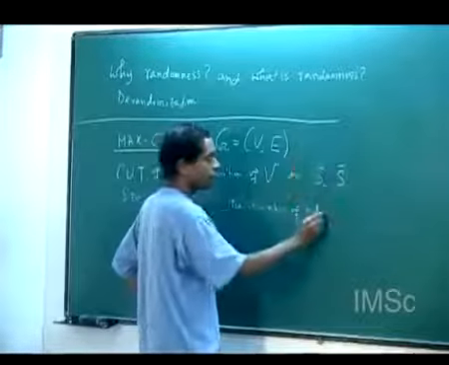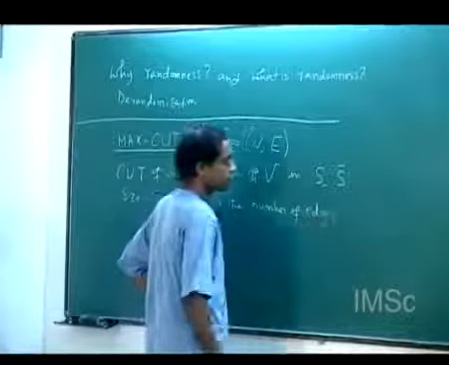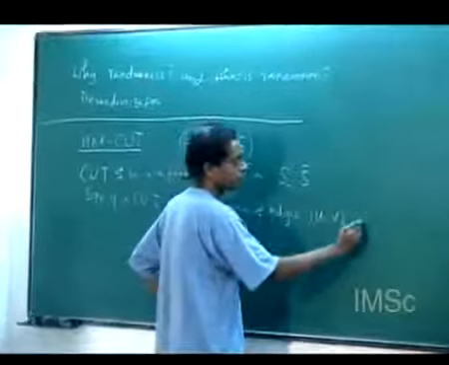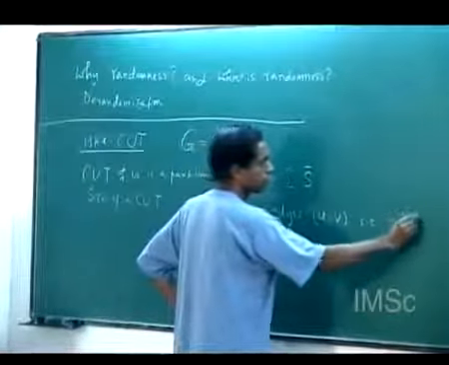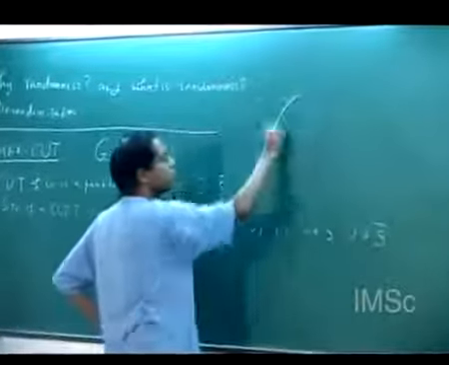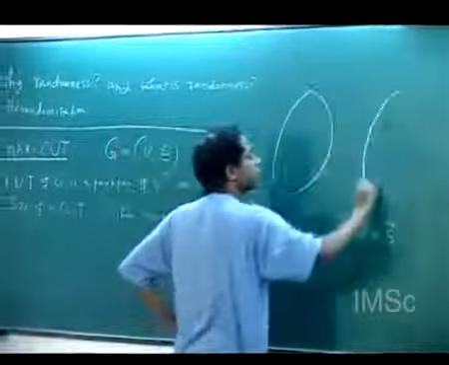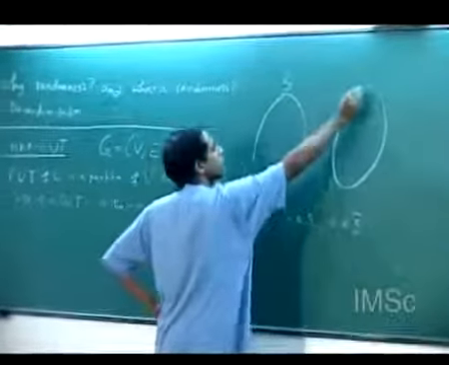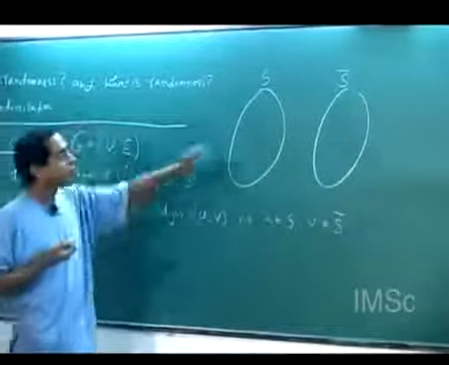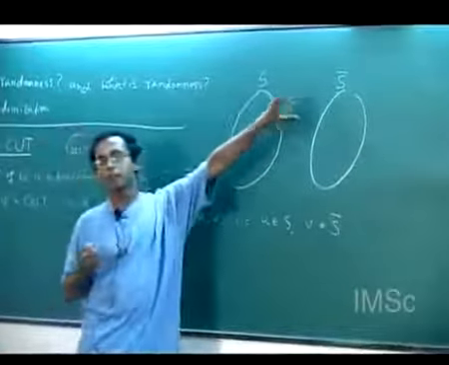These are all undirected graphs. So pictorially, if you have these two sets, S and S bar, there could be a few edges where both the vertices lie inside S or S bar.